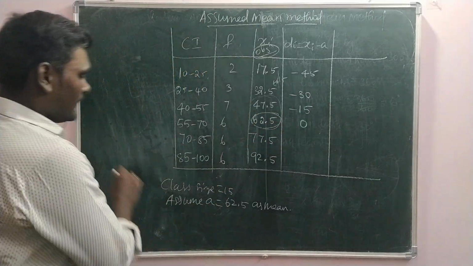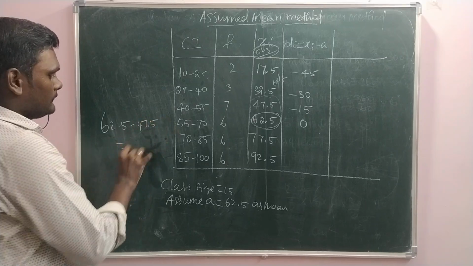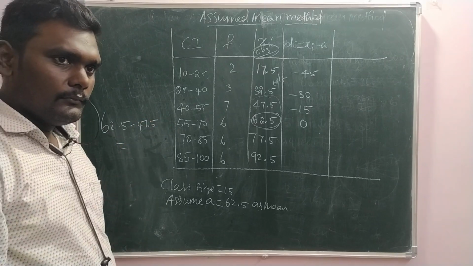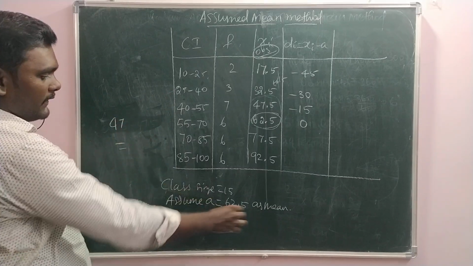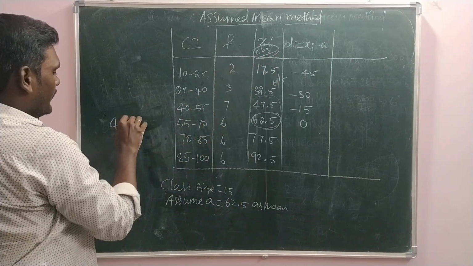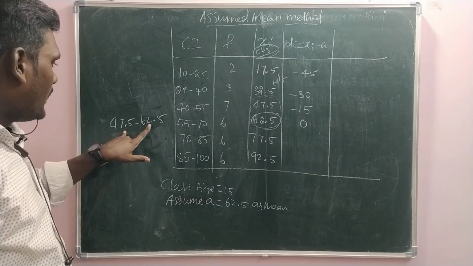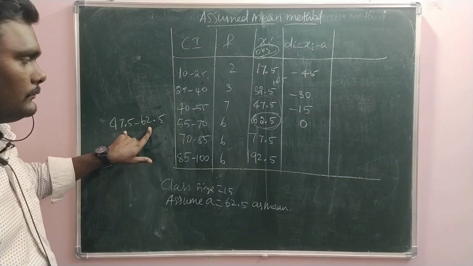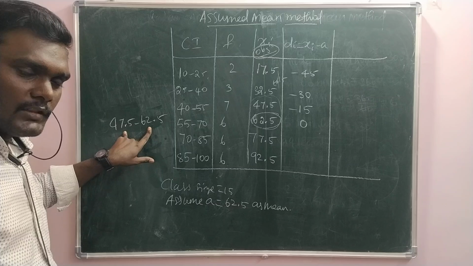You just check whether 62.5 minus 47.5 is what? Oh, sorry, my bad. It's not that. xi minus A, right? xi is 47.5 minus 62.5. When you subtract, what will come? It's minus 15, right? Subtract and check.